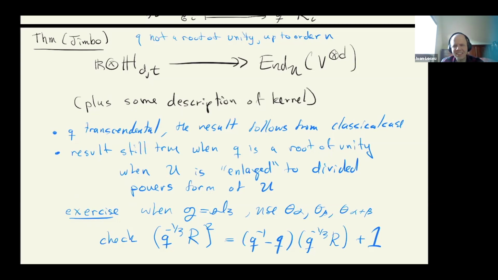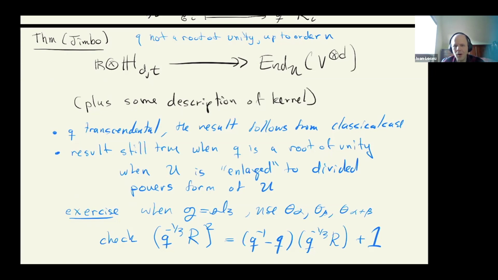Can we say a word on how the surjection is proven? In which case? Even just SL2? In the quantum case, you mean? Yes. Well, you have a flat deformation of your representation, and then you have a flat deformation of the algebra on the left, and you consider endomorphisms on the right.